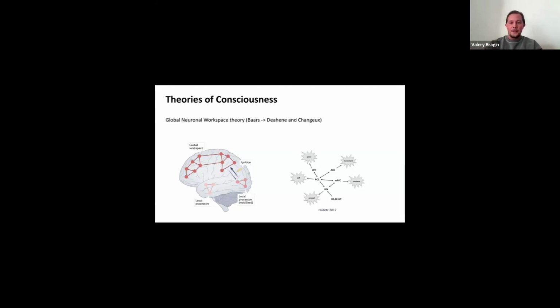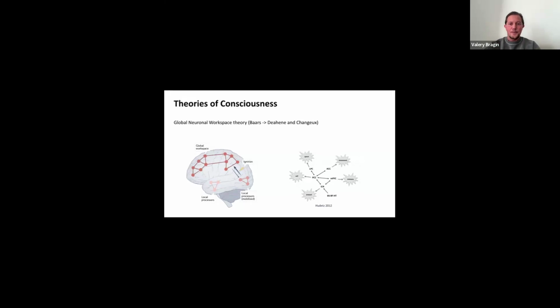And so the key claim is that conscious access happens when information is amplified and broadcast across this long-range cortical network, especially frontoparietal areas. So it becomes available to many downstream systems like memory, planning, language, action, as other components of the brain activity.